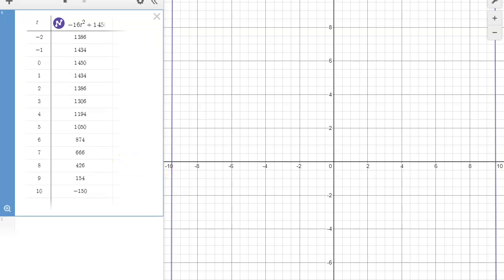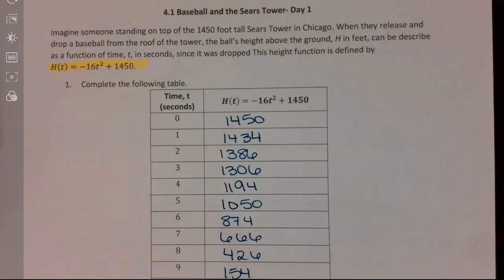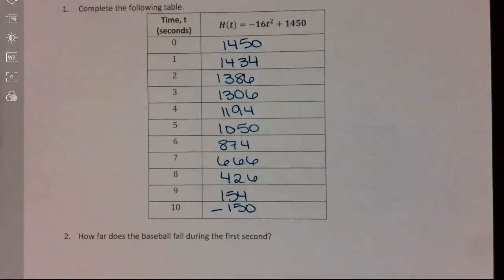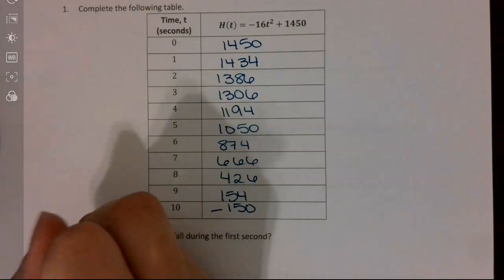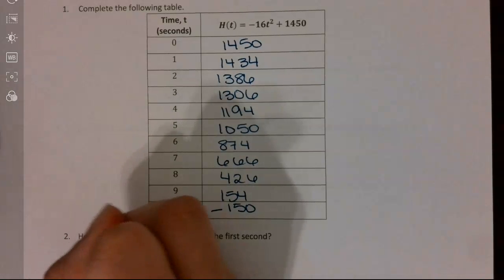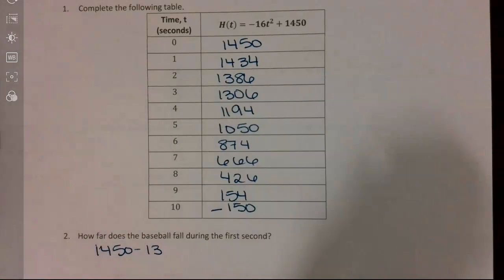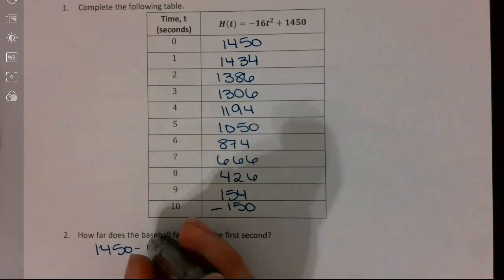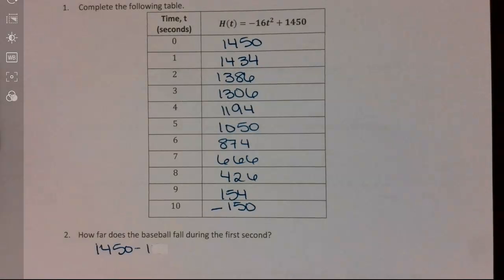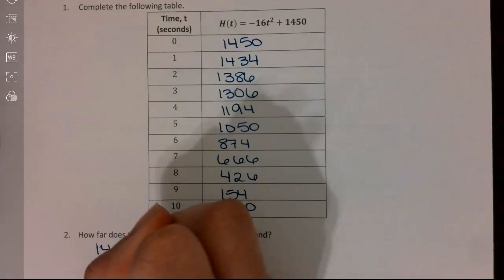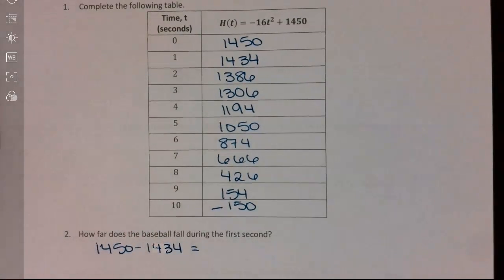Okay, so I have finished copying this onto my chart, so I'm going to go back to my paper. It wants to know how far it has fallen during the first second. So what this is saying is I've gone from 1450 feet to 1434. So I need to subtract. 1434.